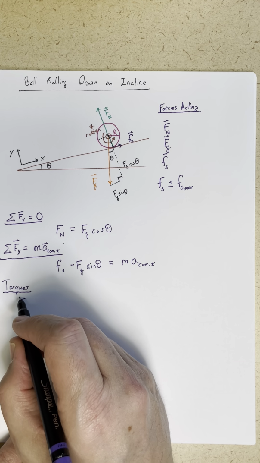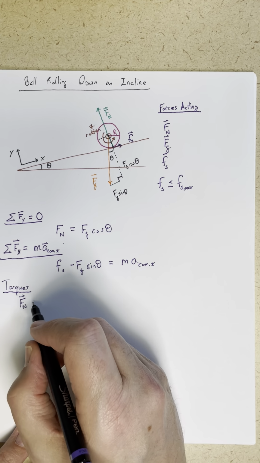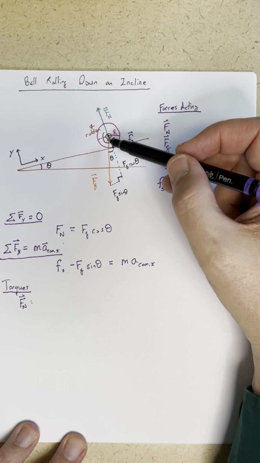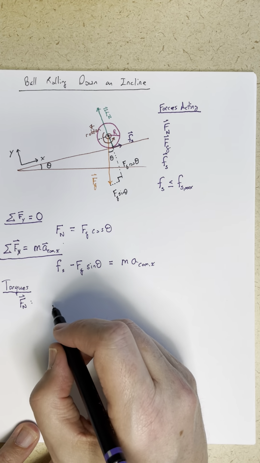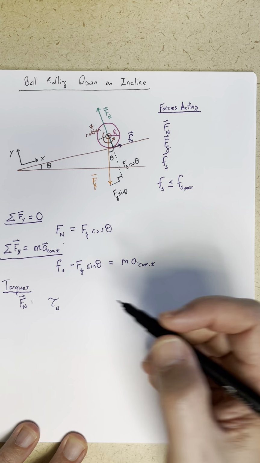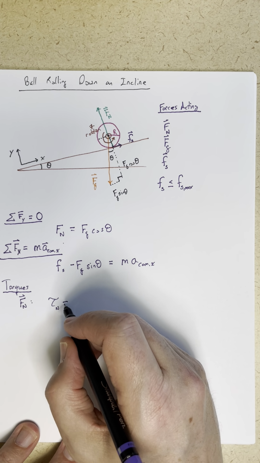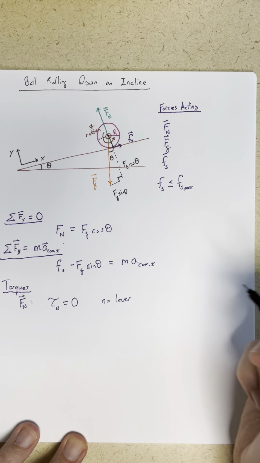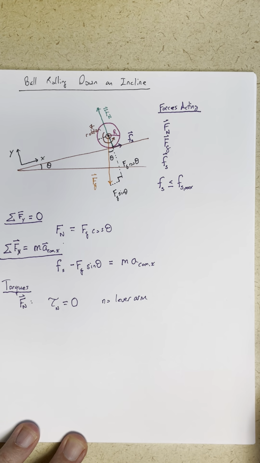The normal force, well, I look at that, its line of action passes right through my rotation axis. So there can be no torque from the normal force. There's no lever arm.